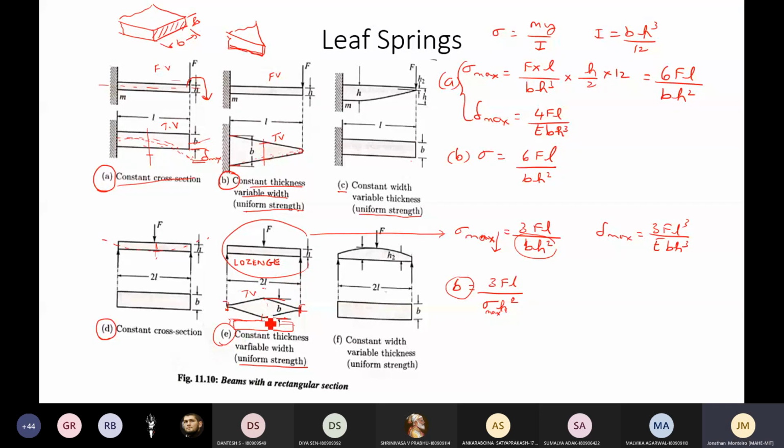It has to be simply supported, attached to the chassis of the vehicle on either side, with the tire in between exactly at the center, so it becomes a very impractical design.